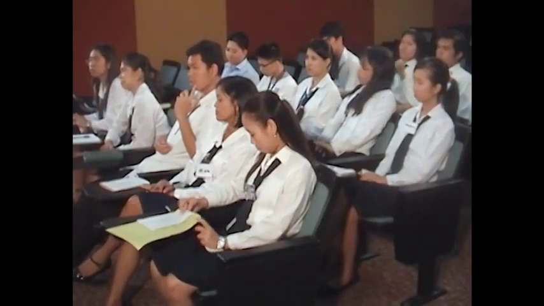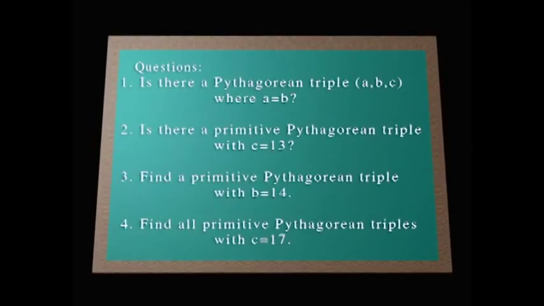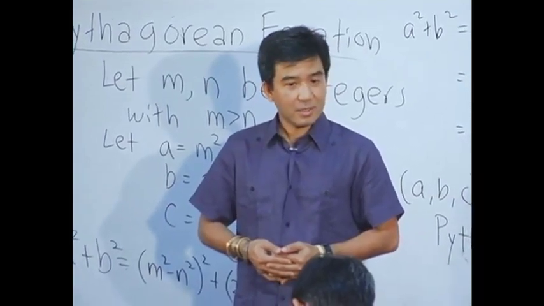For my last slide, I'll just show you some questions that you can take home to think about. First question, is there a Pythagorean triple, a, b, c, where a is equal to b? Second, is there a primitive Pythagorean triple where c is equal to 13? In fact, we found one, that's 5, 12, 13.